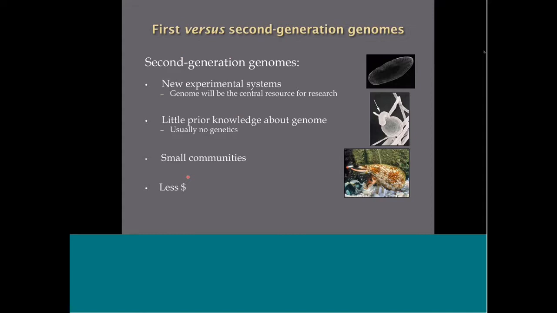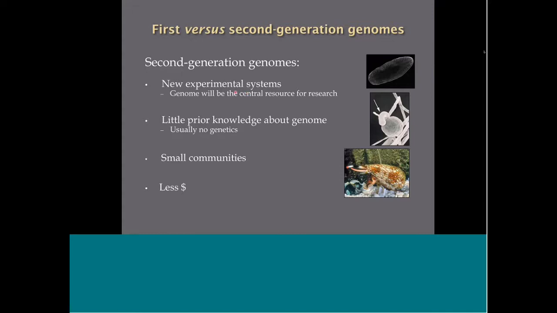Second generation genome projects, the kind of projects people are running right now, represent emerging model organisms. These are things like flatworms, maize, or exotic sea snails. These are novel exotic organisms with novel genome structure. They represent new experimental systems we know very little about. There are very few pre-existing gene models, usually no genetics.